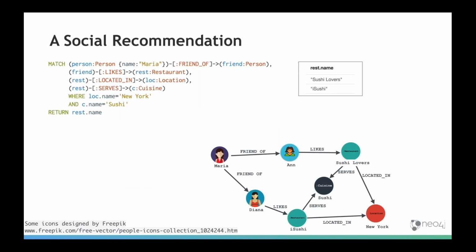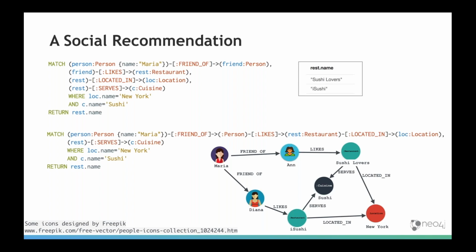Here is how I could find the recommendations that I'm looking for. Step by step, I want to search for the pattern where a person who is a friend of mine likes a restaurant that is located in New York and serves sushi. Here with the dot notation where I return rest.name, I will get a tabular result rather than a graph.